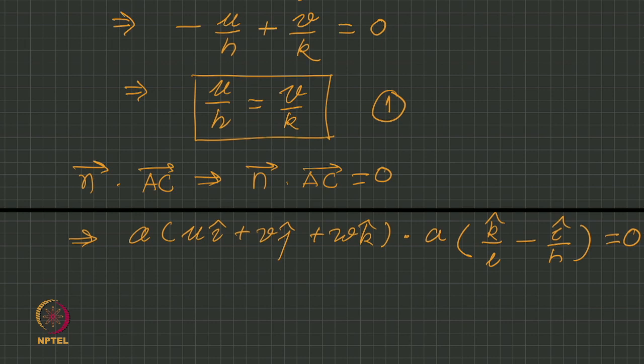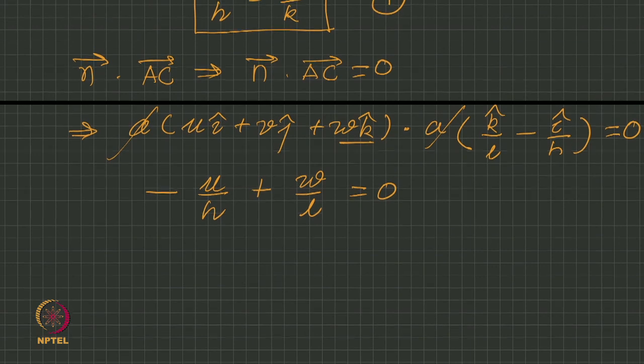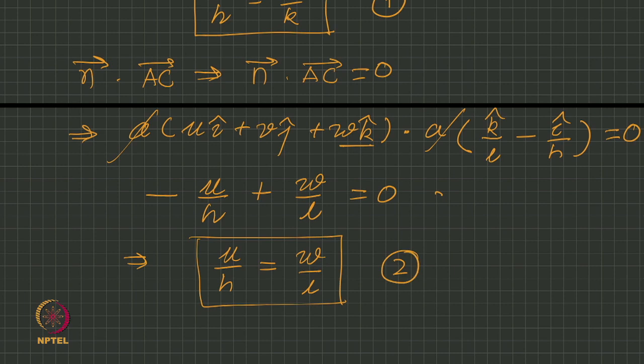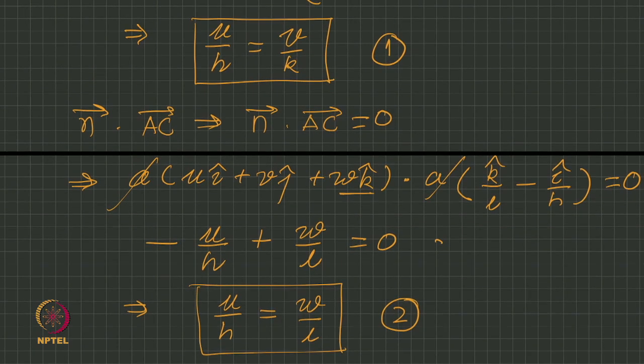Again, i dot i gives you A can be cancelled, i dot i gives you minus u by h again, and plus k dot k. So, here is k, so you will get w by L. w by L is equal to 0. This gives you u by h is equal to w by L. So, u by h is equal to v by k, u by h is equal to w by L.